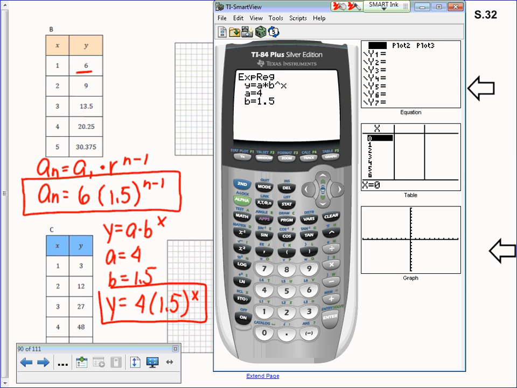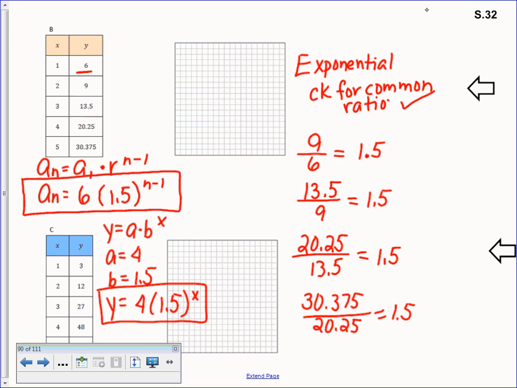Now, that is also correct, which is very different than the one that I had just written out. Why are these two different? The calculator starts with the 0th term. The equation I wrote manually starts with the first term.